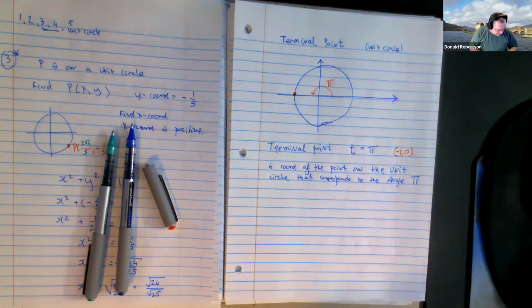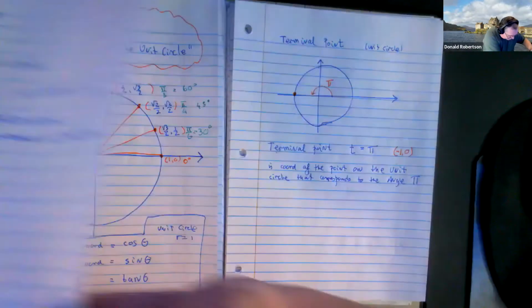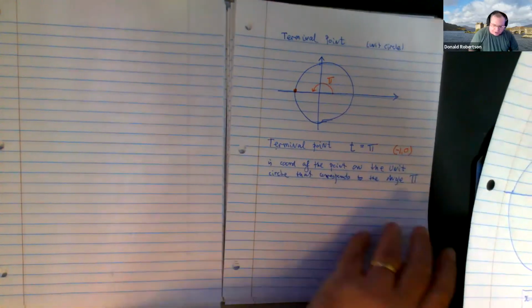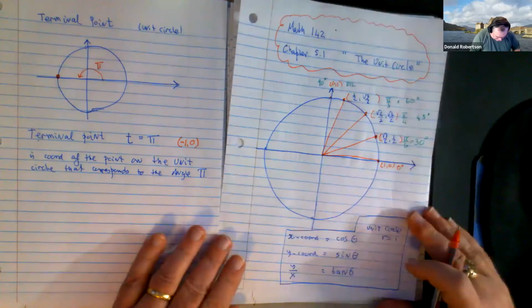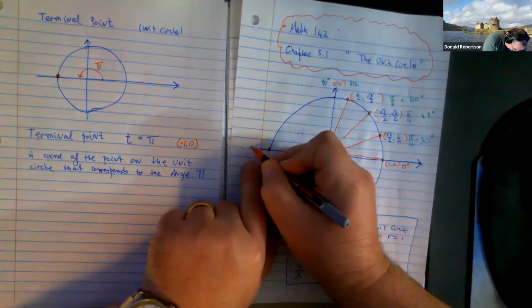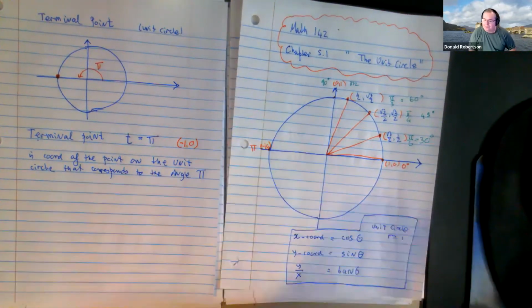So far, so good. Now, it's a good idea to have a unit circle handy. I haven't got a full completed one, but I'm going to use what I've got, because if I put pi there, wouldn't you see the answer we just got a minute ago, right?